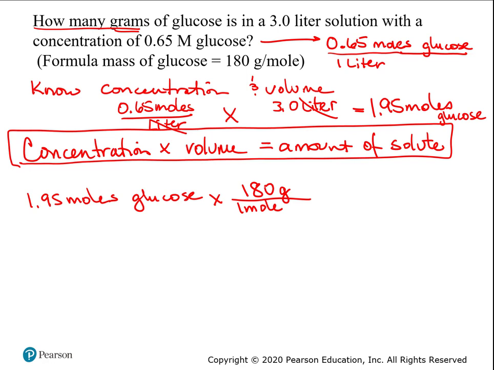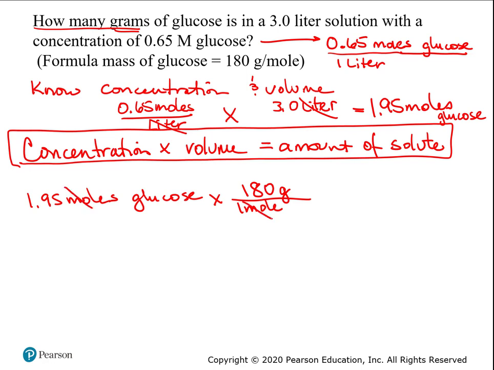So I said the formula mass of glucose. So this way you didn't even have to figure it out. I didn't give you the formula for glucose. I just referred to it as a name. So if I give it to you as a name, like if I said TNT, trinitrotoluene, I'd have to either give you the formula or I'd have to tell you what the formula mass is. Okay? So notice moles and moles are going to cancel here.